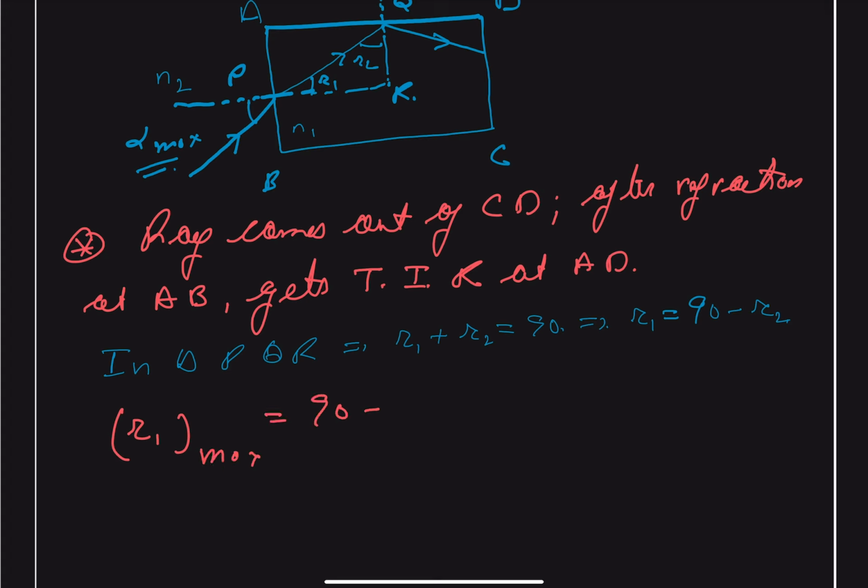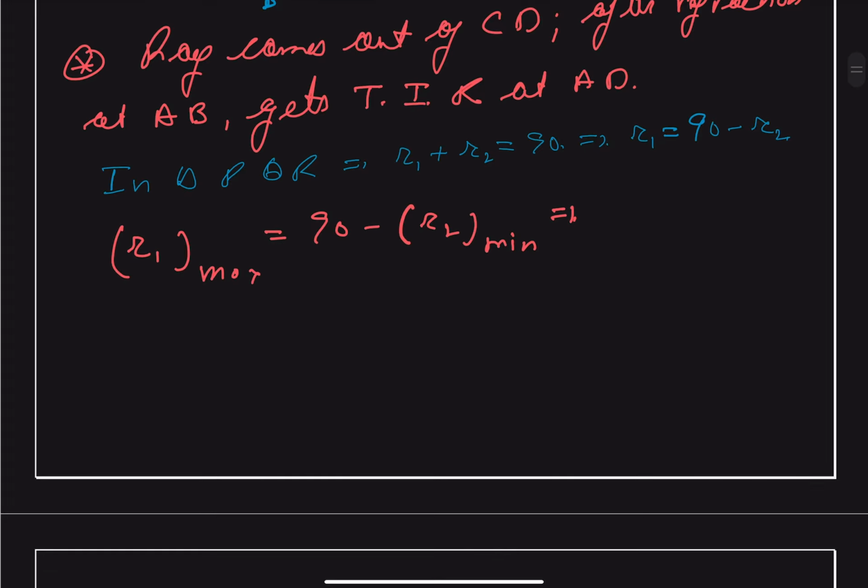So it is 90 minus R2 minimum. And for total internal reflection, the minimum R2 should be equal to the critical angle, that is theta c.